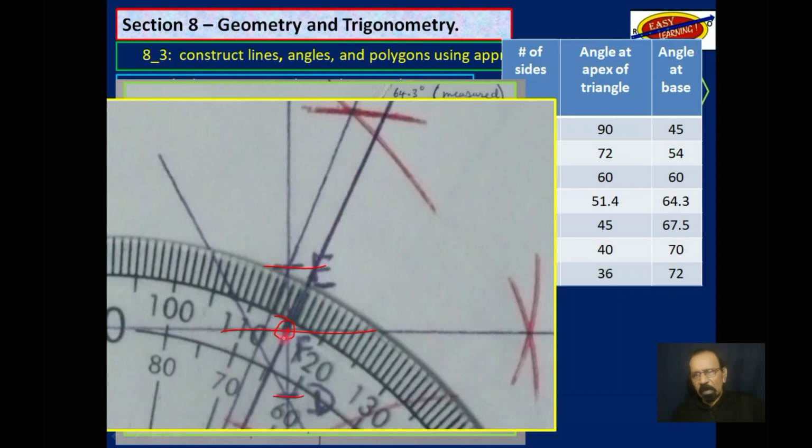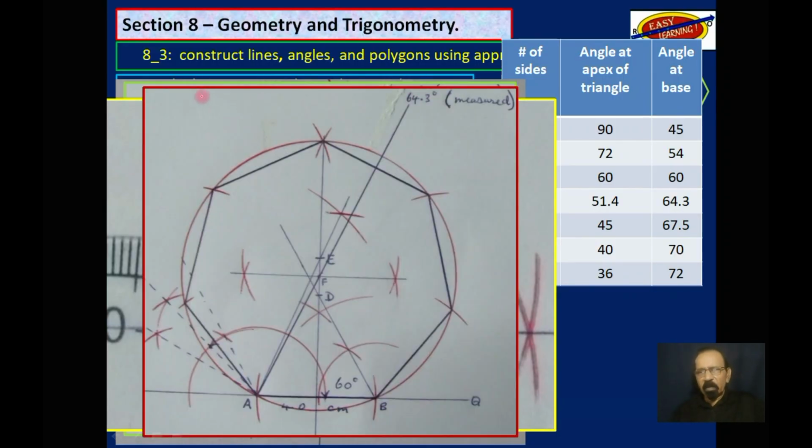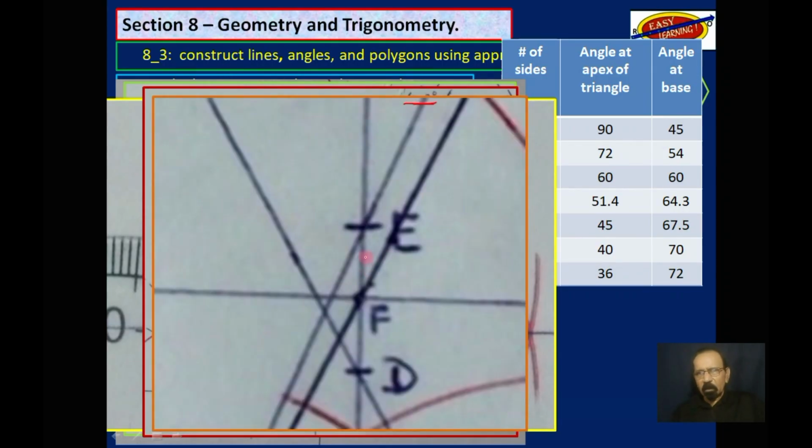We also got that point if we were to measure the angle of approximately 64. So this is just verifying that we were on the right track. That's the angle, and this is the bisector of DE. Same point for the center of the circle with that on which we are going to mark off the heptagon.